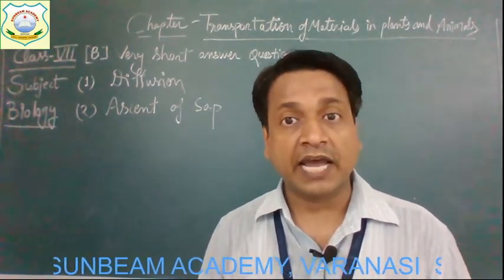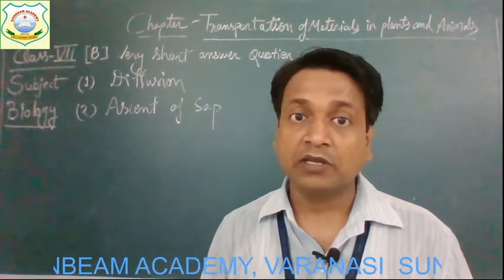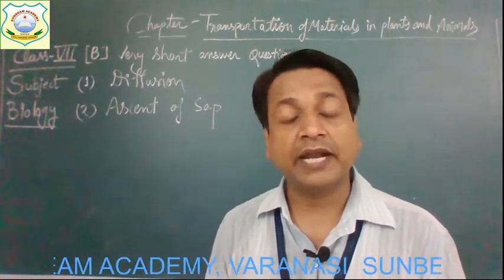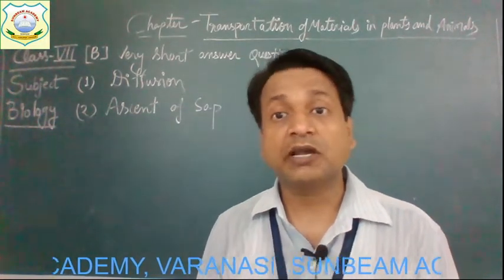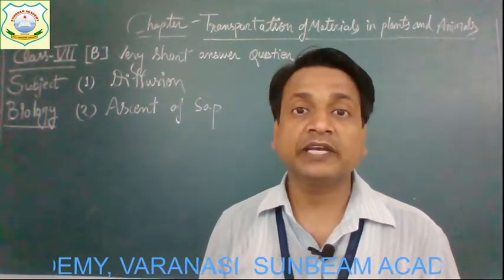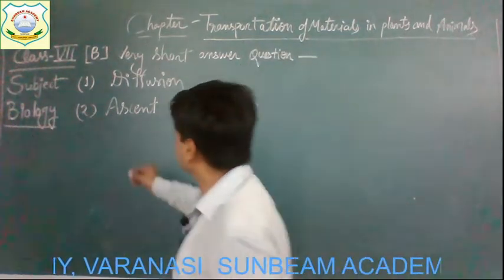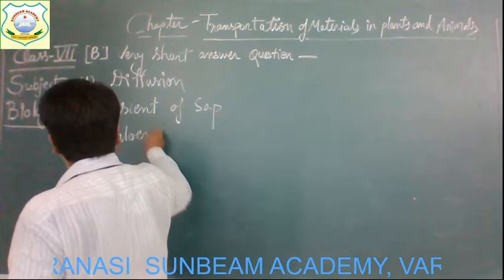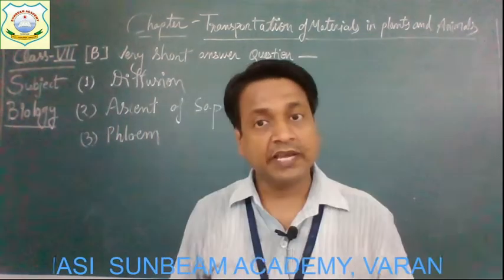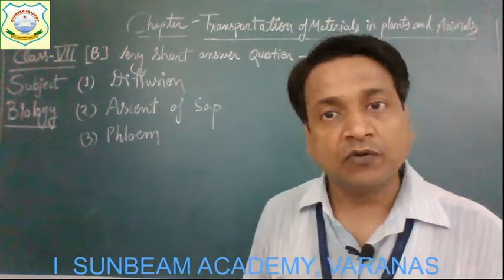The one is xylem and the second one is phloem. Here you have to write the name of the tissue responsible for transportation of food, and that tissue is phloem. So the answer of the third will be phloem.